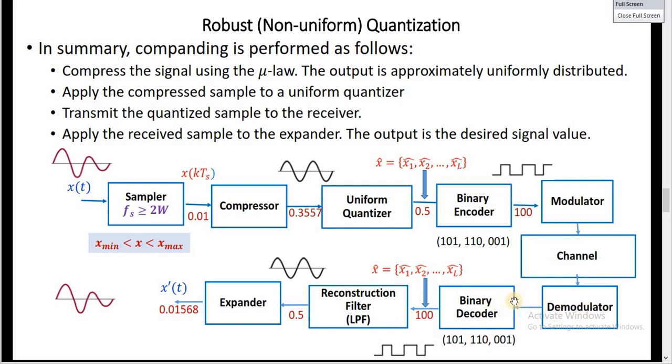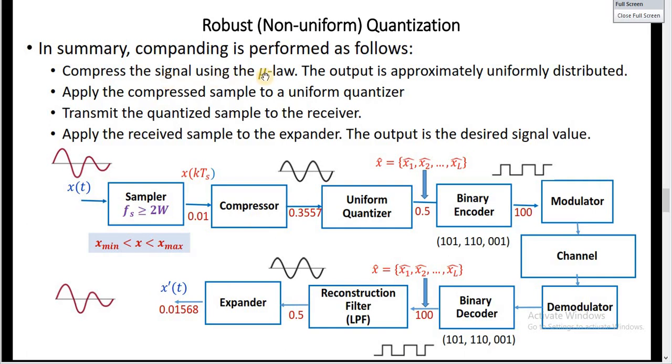Then the output is decoded and then applied to a reconstruction filter to recover the sample value which was transmitted, and then there is this inverse characteristic at the receiver which is the expander. That's the output of this operation.